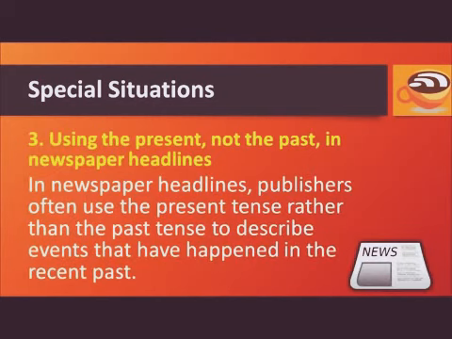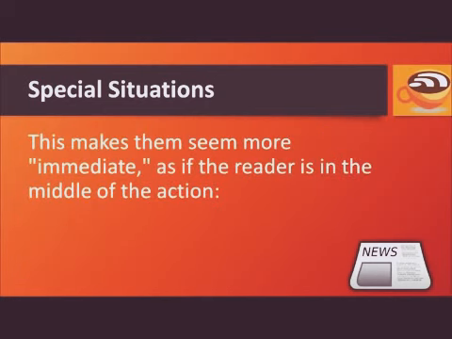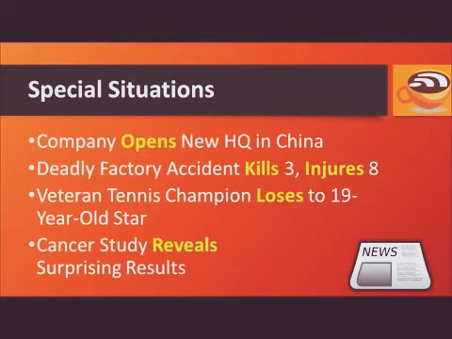In newspaper headlines, publishers often use the present tense rather than the past tense to describe events that have happened in the recent past. This makes them seem more immediate, as if the reader is in the middle of the action. These headlines, for example: Company opens new HQ in China.